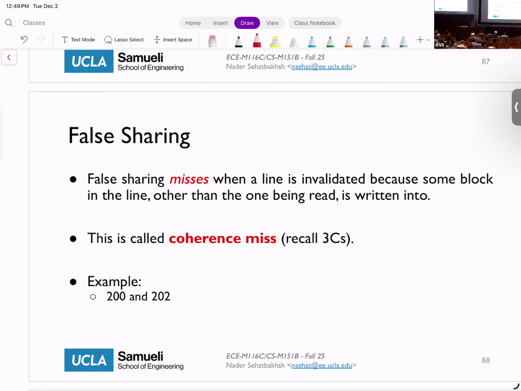So later on, when you're actually accessing 202, it will be a miss, and we call this a coherence miss, because 202 was invalidated as a result of 200 being invalidated. So you see the difference. If 200 is invalidated and it's a miss, it's a regular miss. But if 202 is invalidated because of 200 and it's a miss, that's a coherence miss that we also need to take care of. We need to be aware of this. Okay? Yes.